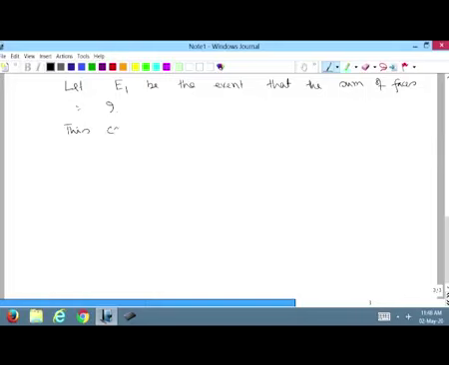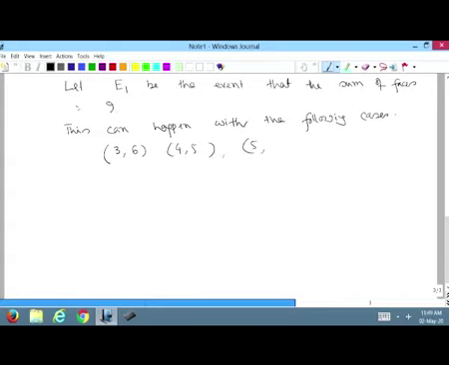This can happen with the following cases: 3, 6; 4, 5; 5, 4 and 6, 3.